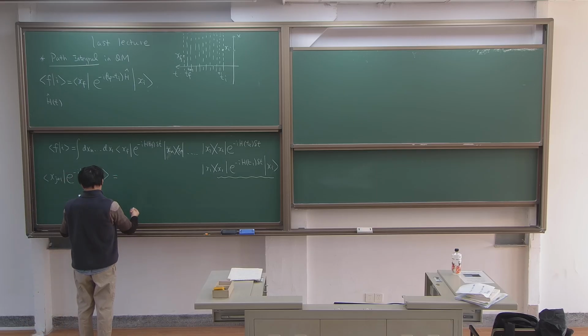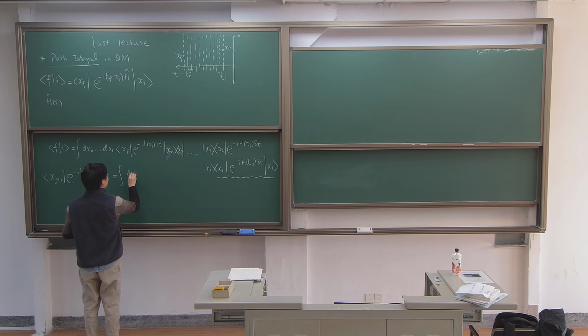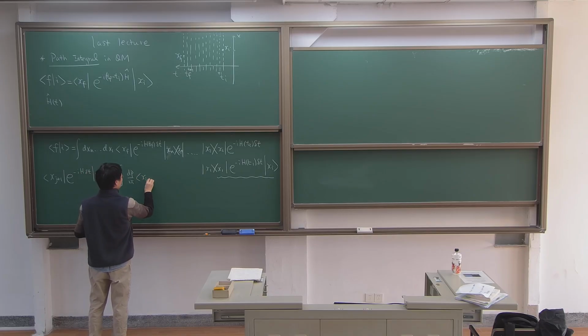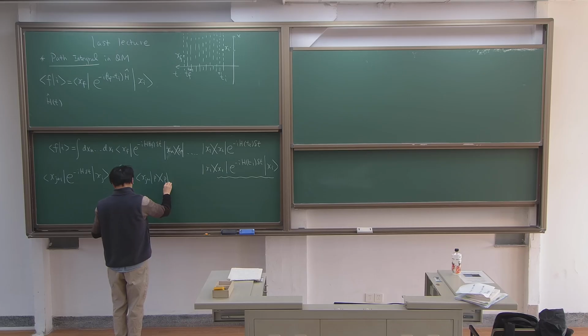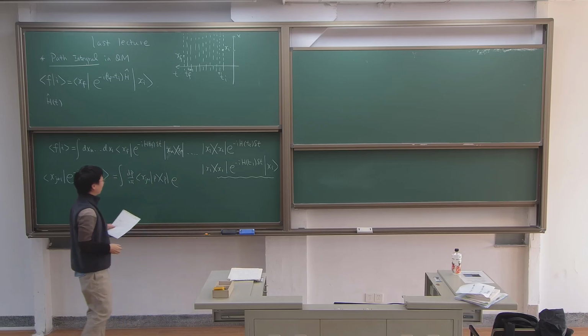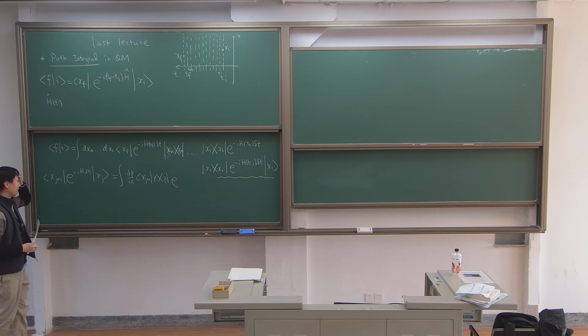So we insert once more another complete set of p states. Why do I want to do this? Because I want to write this Hamiltonian explicitly.